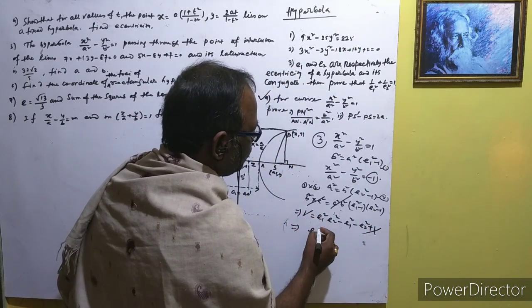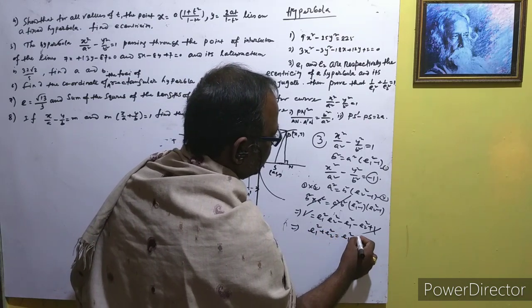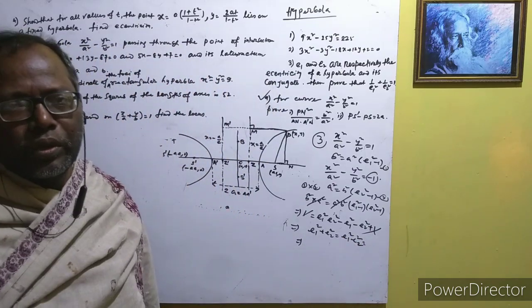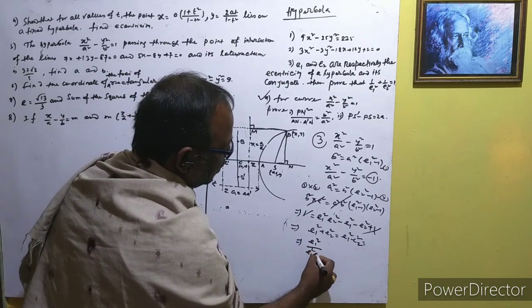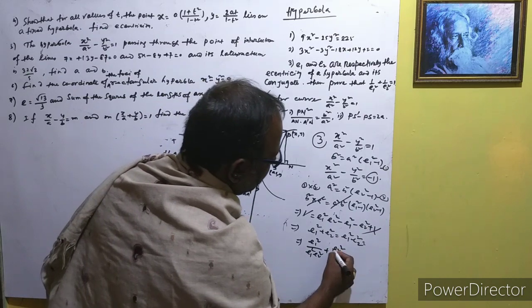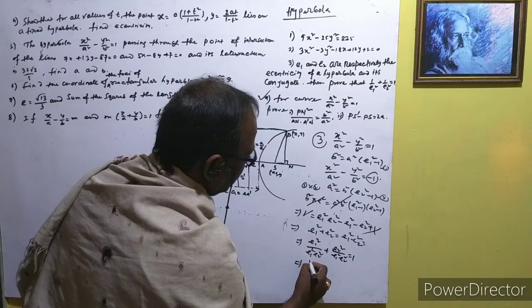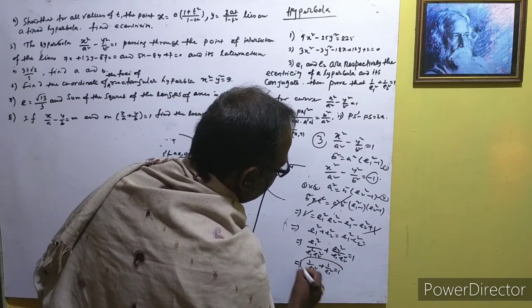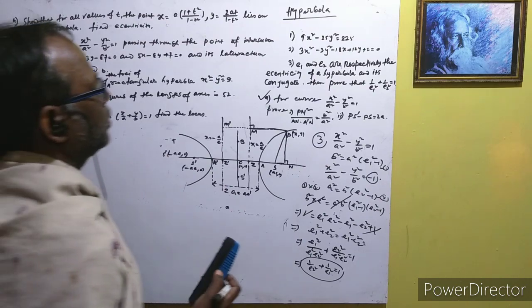So here E1 square plus E2 square is equal to E1 square E2 square. Divide both sides by E1 square and E2 square, then we get 1 by E2 square plus 1 by E1 square is equal to 1. Okay, so I have done question number 3 also.